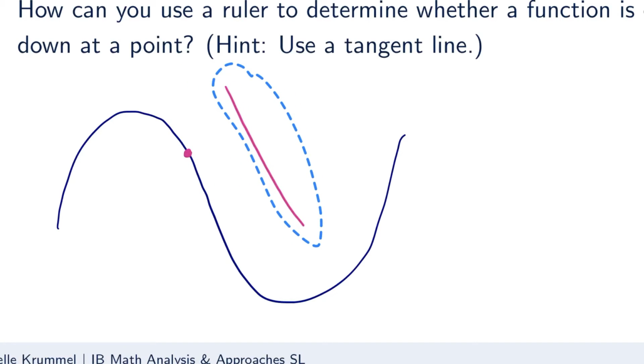You can also try this by imagining a secant line. If you get a really tricky one, you're not sure if it's concave up or concave down, go a little bit on either side of the point you're interested in, and then draw a secant line through those two points. So for the secant line, if it's under the curve, concave down. It's the opposite of the tangent, right?